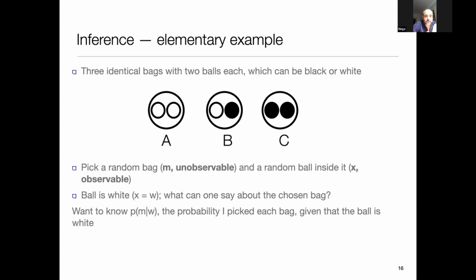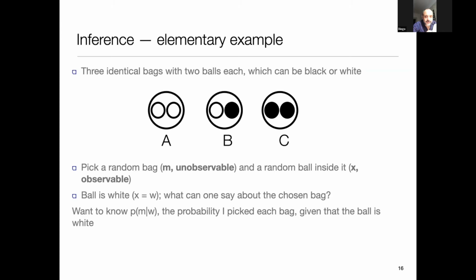I don't know which bag is A, which bag is B, which bag is C. I pick a random bag, M, which is unobservable because I don't know, and a random ball inside it, X, which is the observable, because once I pick the ball, I look at which color it is, and I try to infer whether the bag I used to pick my ball was of type A, B, or C. So I'm trying to infer the label of the bag from the color of the ball.